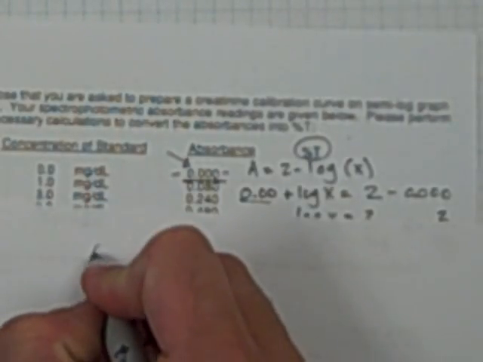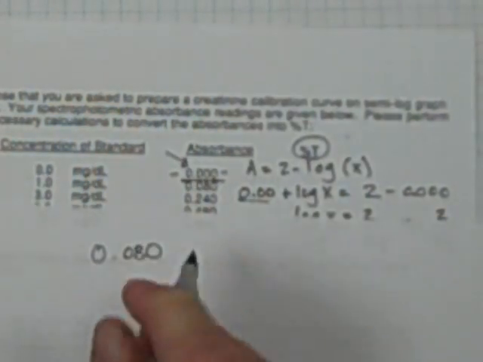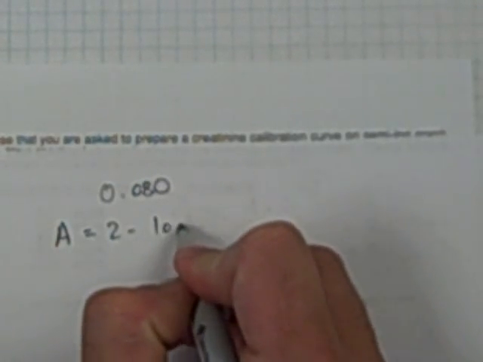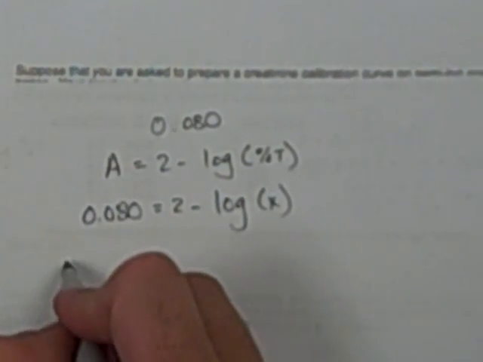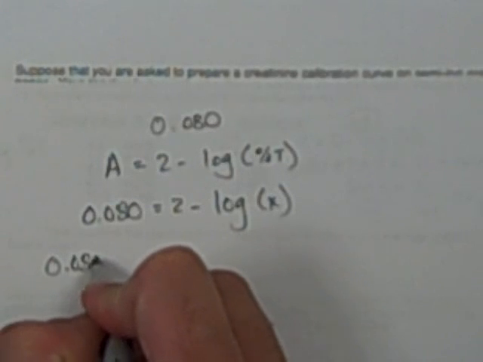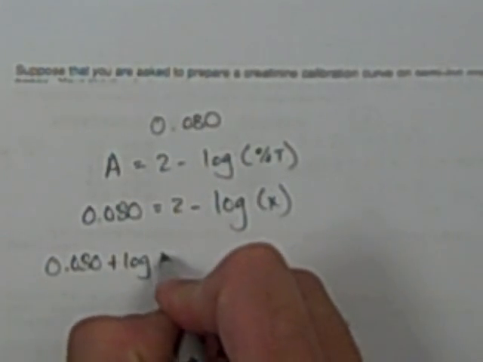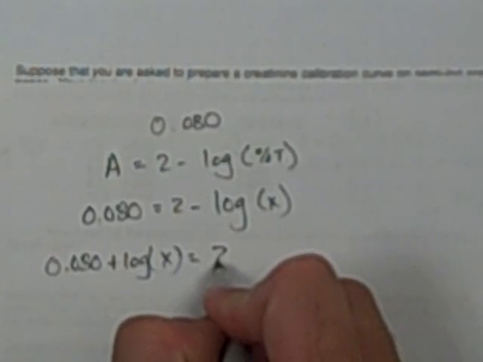The absorbance I'm given is 0.080, and I'm asked to find the percent T. So A equals 2 minus log of my percent T, or 0.080 is equal to 2 minus log of x. Just doing algebra, I get 0.080 plus log of x is equal to 2.